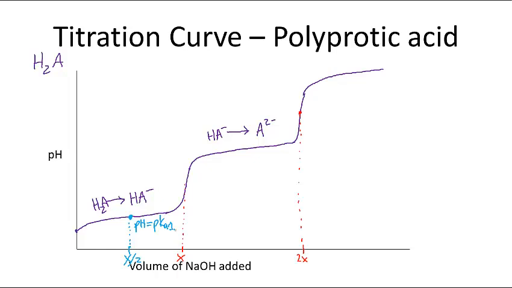And then the second half equivalence point is going to be at a volume of what? 3X over 2. And at that point, the pH will equal pKa2. So for polyprotic acid, you have multiple Ka values. So it can buffer at different pHs.